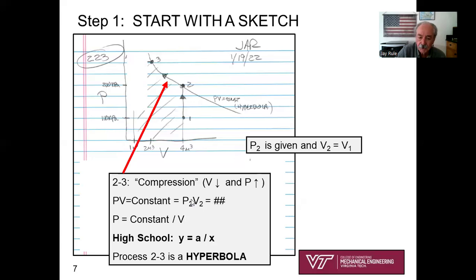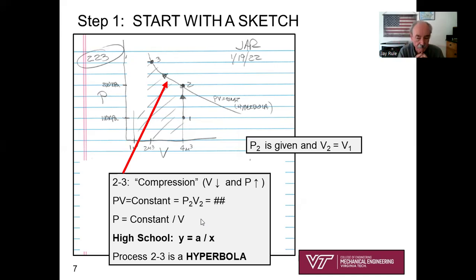P2 is given, and V2 equals V1, so P2 and V2 are both given. Do you see that you could immediately calculate the constant value by multiplying P2 times V2? You get a number, all right? What does the path look like? Well, let's rearrange PV equals constant. Let's solve for P only. P equals constant divided by V.